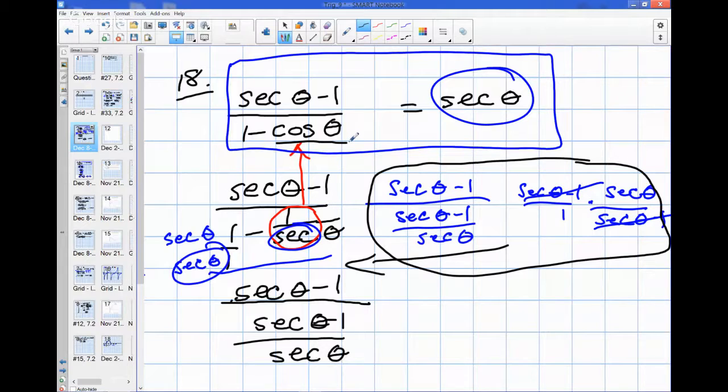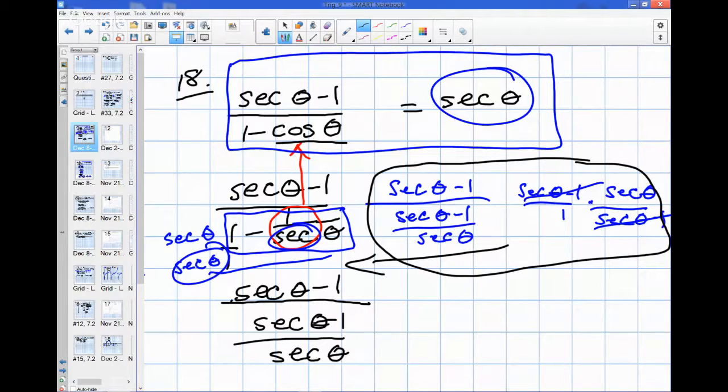Well, what's a nice substitution for cosine? Oh yeah, it's 1 over the secant. So in this red circle, I replaced cosine with the fact that it's the reciprocal of the secant. That was step one. Now step two, I had this 1 minus 1 over the secant, this thing in the blue box that I just drew in.